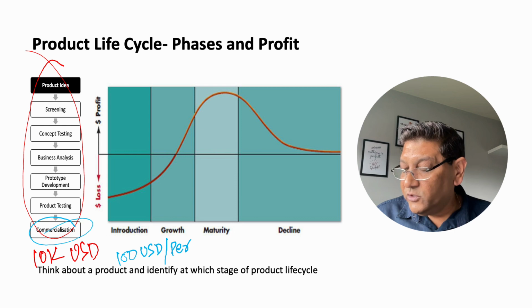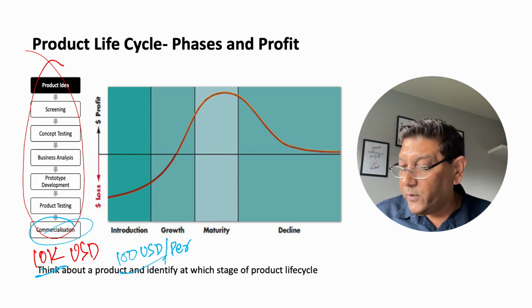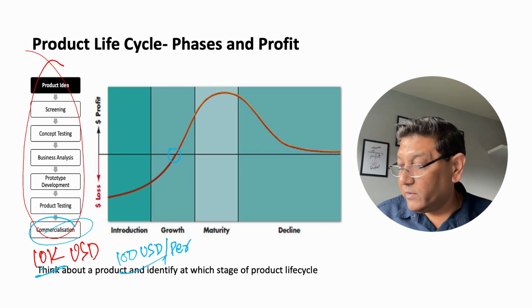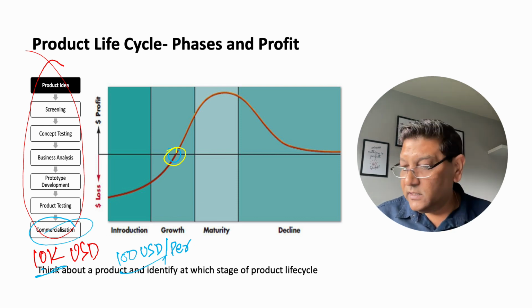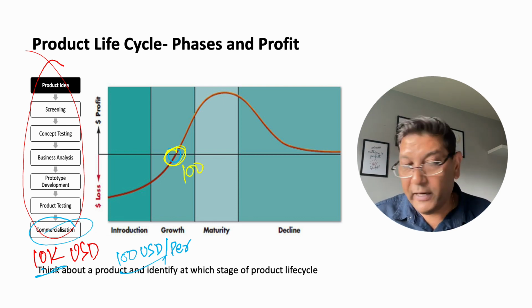Now 10,000 is the spending so far, and 100 US dollars per product. How many products do we need to sell to reach the break-even point? What do you think? We need to sell at least 100 products to reach the break-even point.